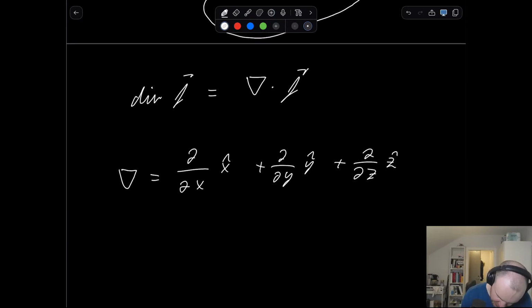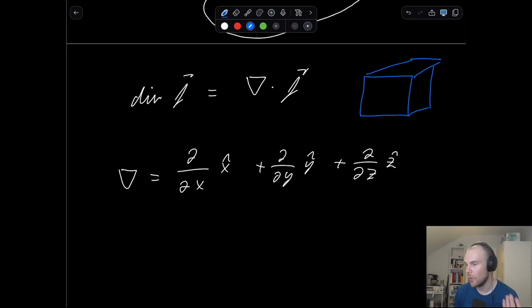Now, why does this formula make sense? This is our infinitesimally small cube, even though it doesn't look like it. This cube represents the local property; flux was global and this is local.